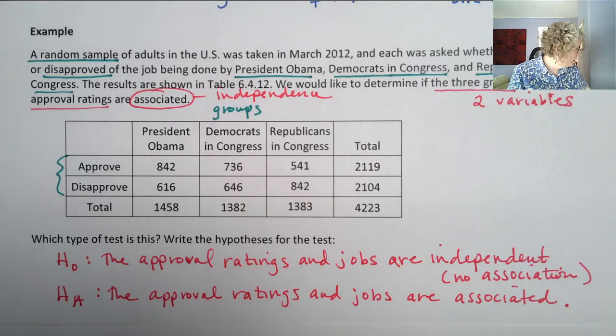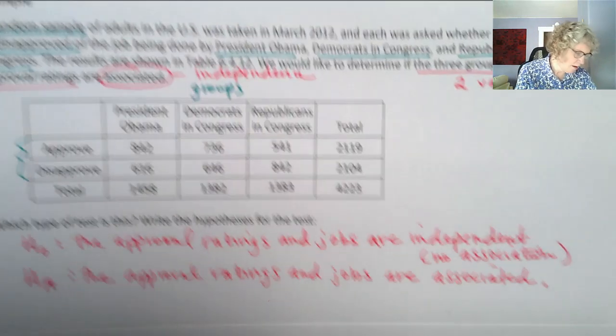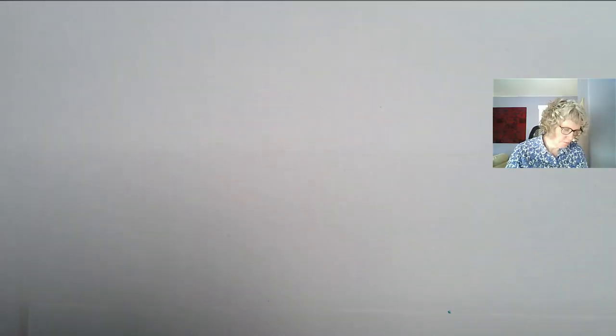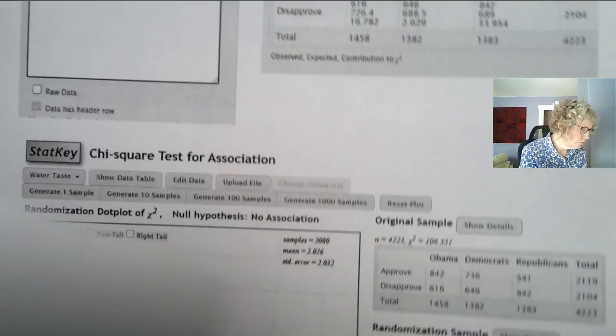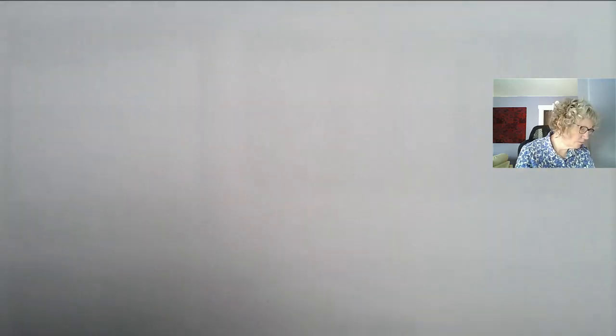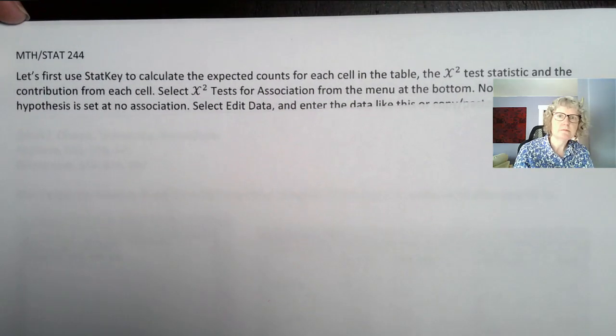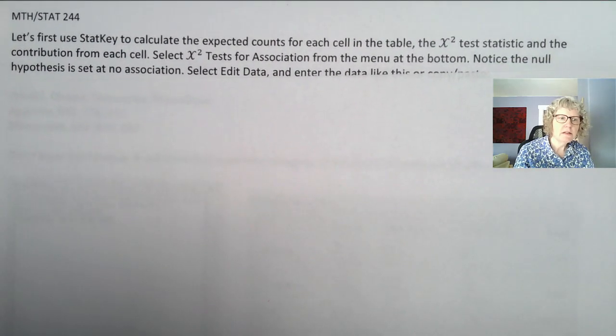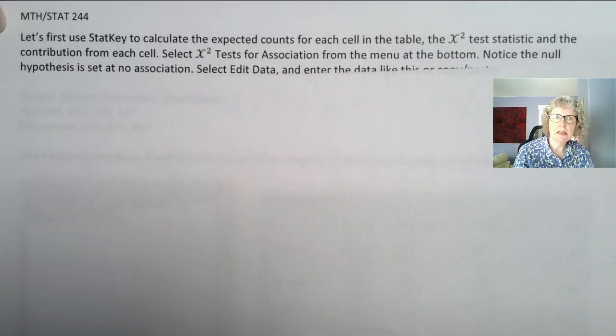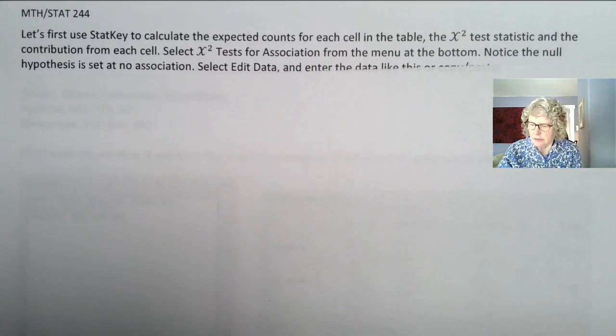I'm going to switch to the next page of my notes here. Okay, now let's go to StatKey. Just like with the goodness of fit, we're going to have expected counts.